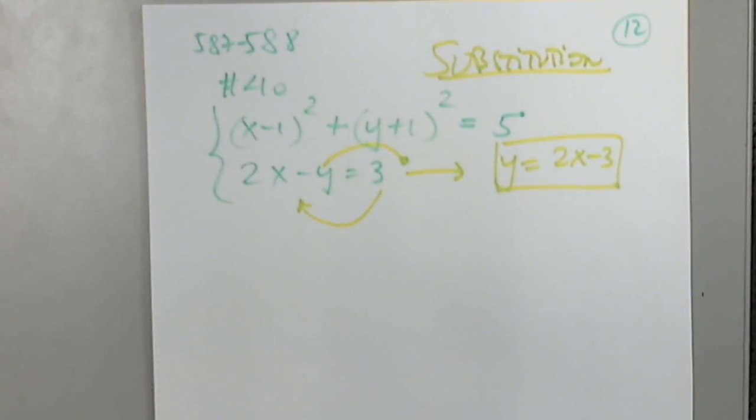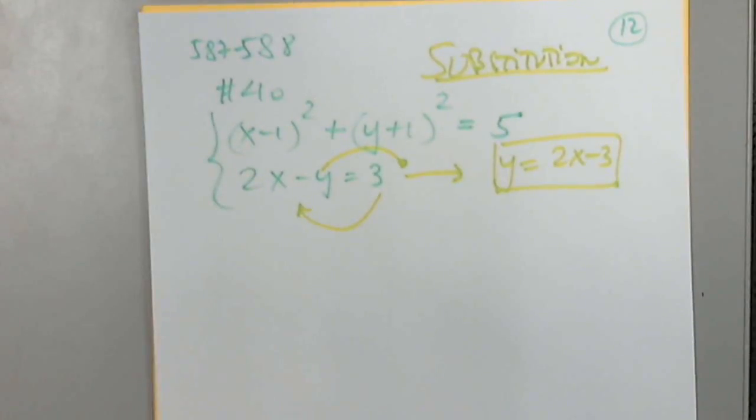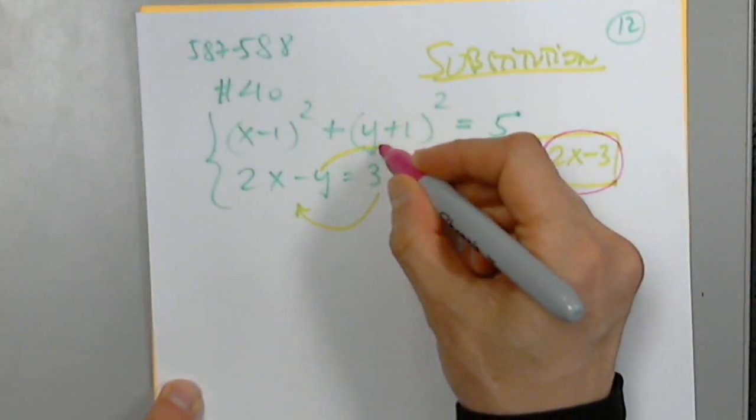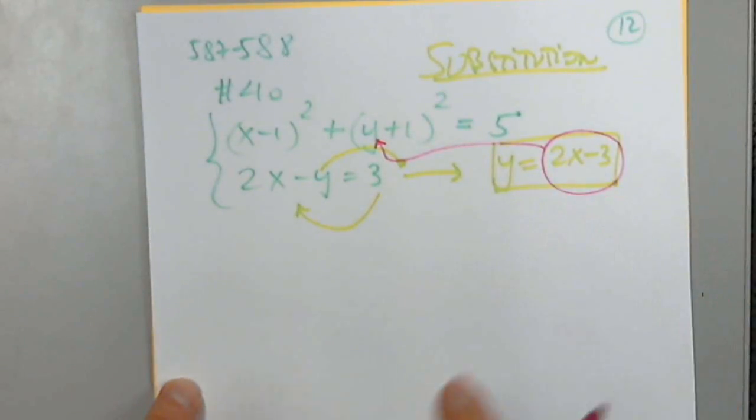Elimination does not work. Variables are not the same. So what do I do next? Perfect. I'm going to replace y in the first equation by 2x minus 3.